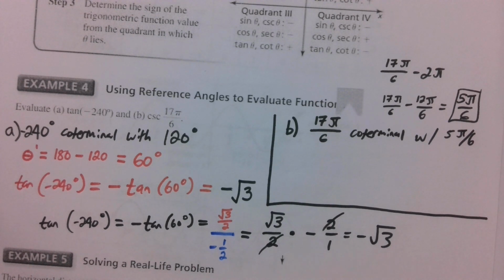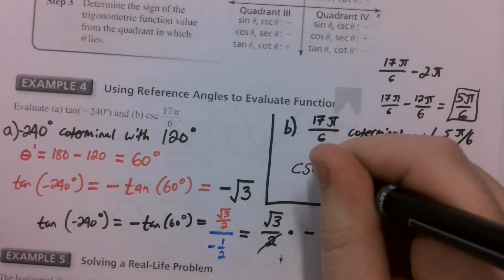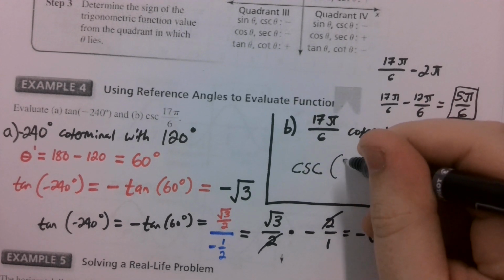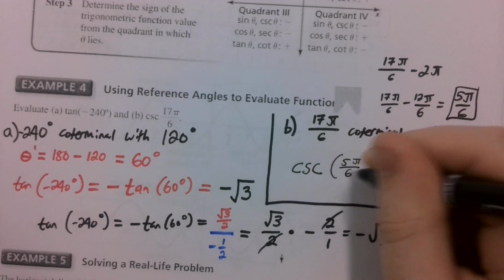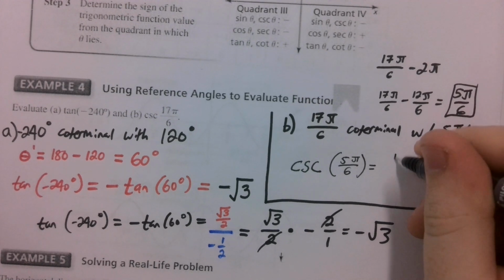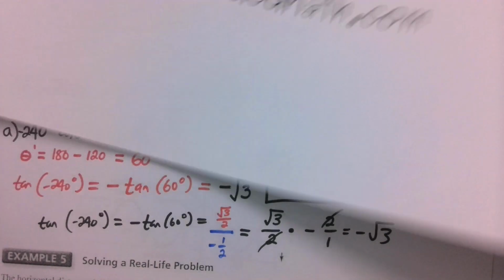Recall that cosecant on a unit circle, I'm going to be using the unit circle to help us with this, the cosecant of 5 pi over 6, it isn't opposite over hypotenuse. In other words, it isn't our y value over 1, it's the reciprocal. It's 1 over the y value. So we can use our unit circle to reference what's the y value at 5 pi over 6.